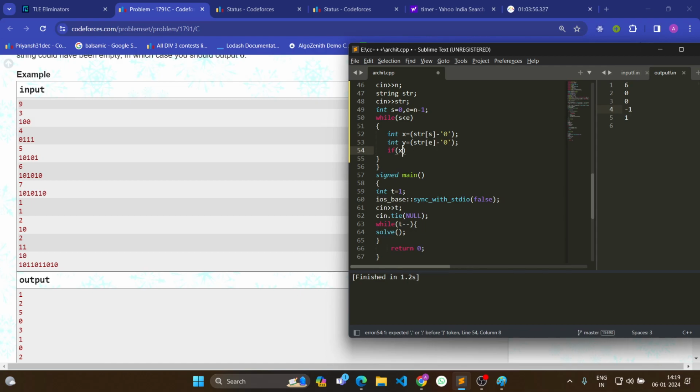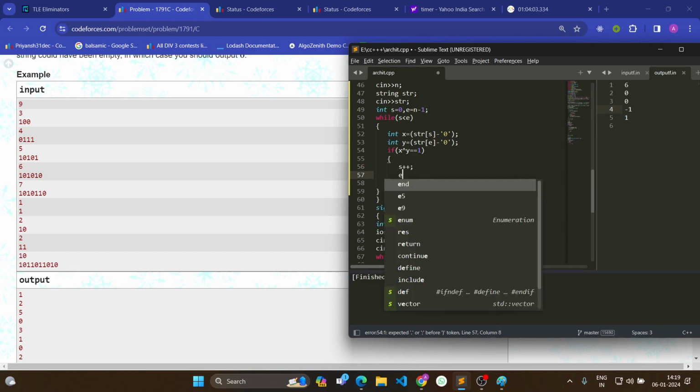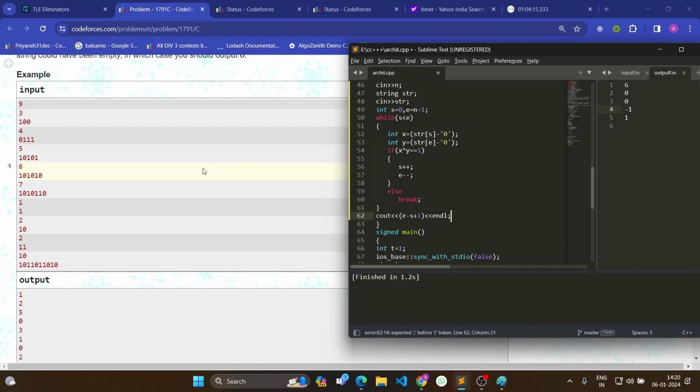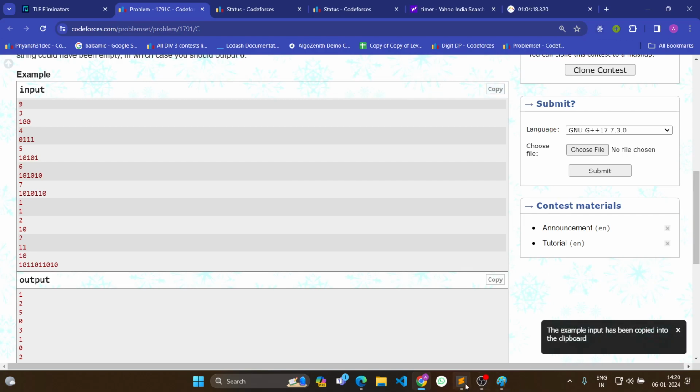If x or y is equal to 1, then we do s plus plus, e minus minus, else break. And the answer is n minus s plus 1.